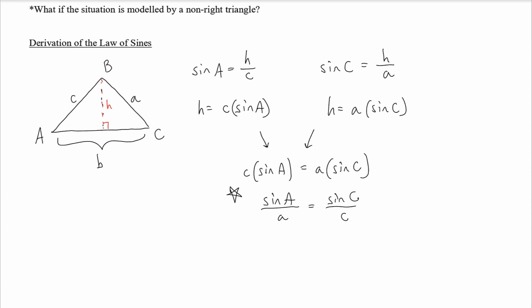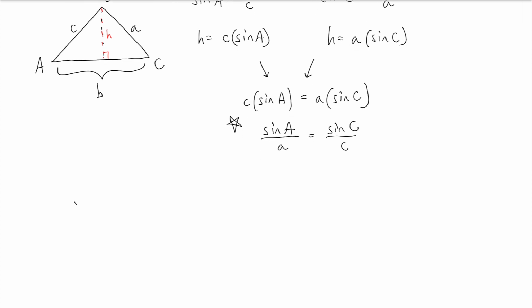Now notice that non-right triangle had all angles less than 90. So what if my triangle looked like this? That's a non-right triangle, but it's got an angle bigger than 90 in it.